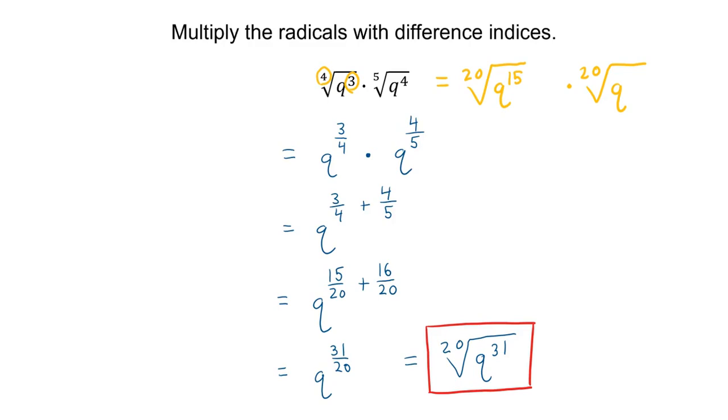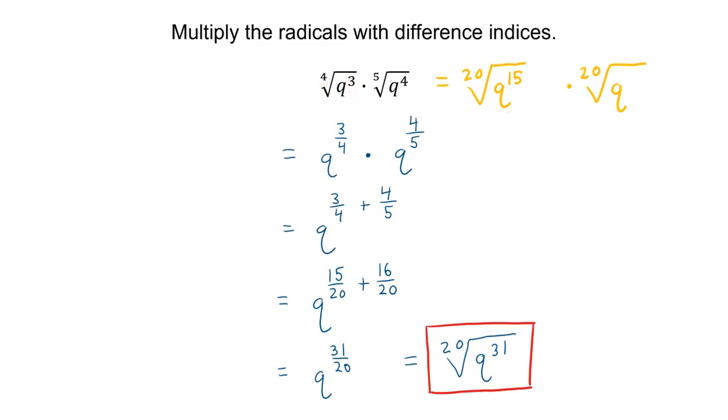In this case, I had to multiply the 4 by 5 to get an index of 20, which means I have to multiply the 3 by 5 to get an exponent of 15. So the fourth root of q cubed is the same thing as the 20th root of q to the 15th.